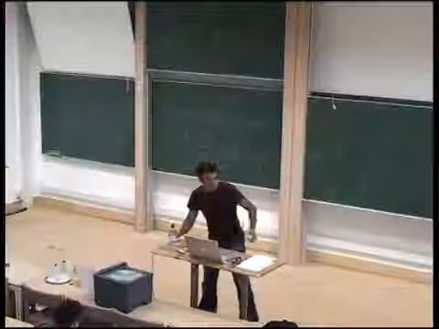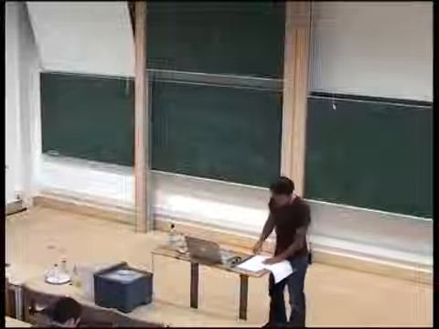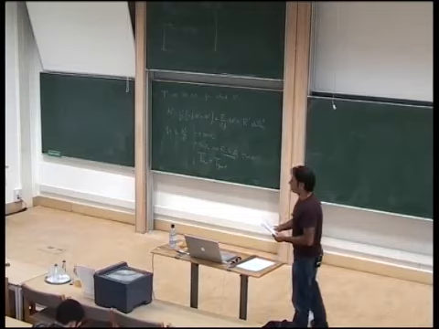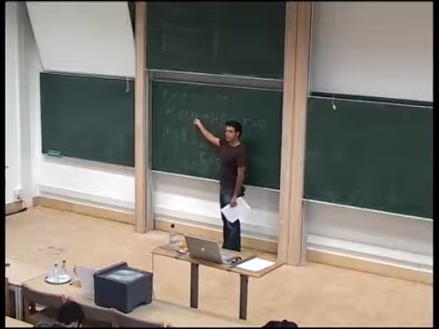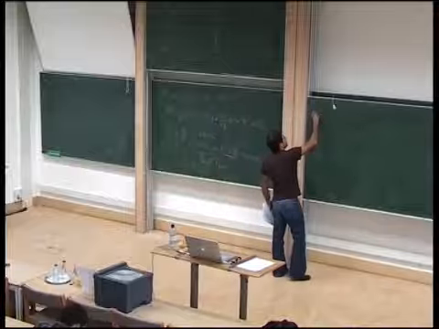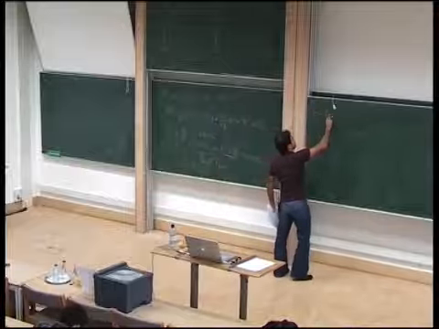Good. So the easiest way to compute this temperature is to take this metric and perform a Euclidean continuation in which you send t to i t Euclidean.